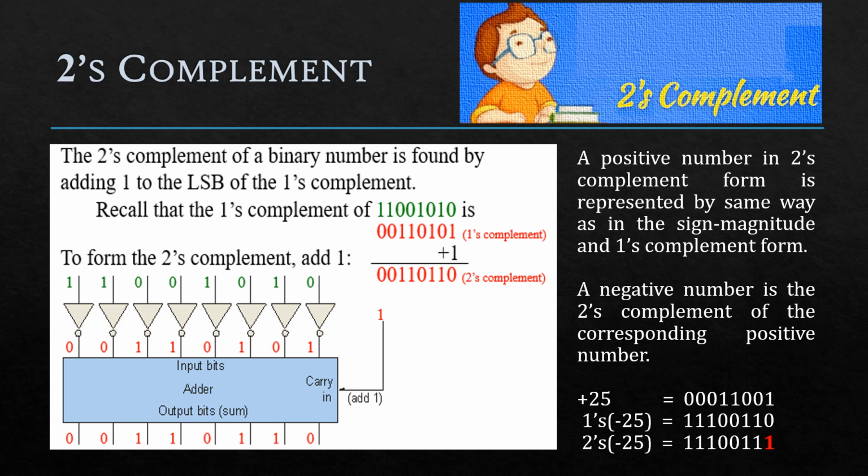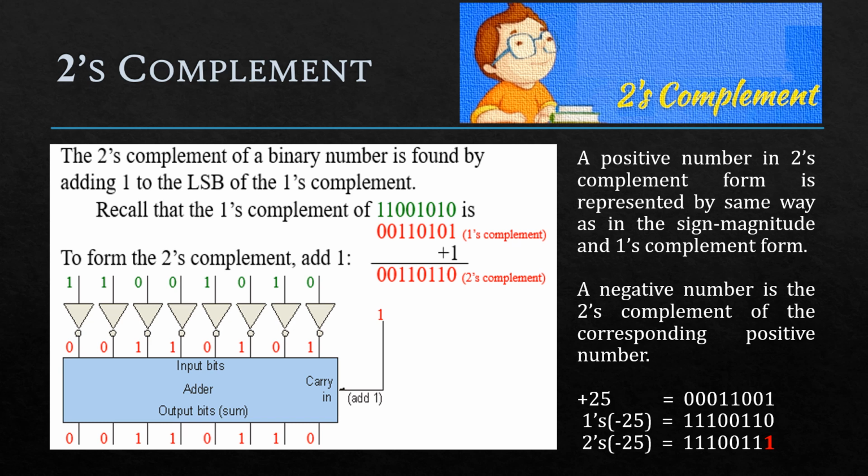So to represent a negative number, first we take the 1's complement of the positive number, then add 1 to the LSB of that 1's complement.